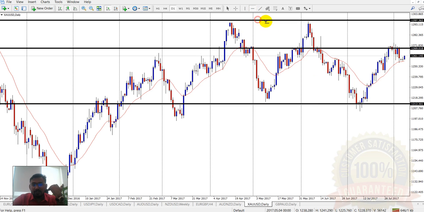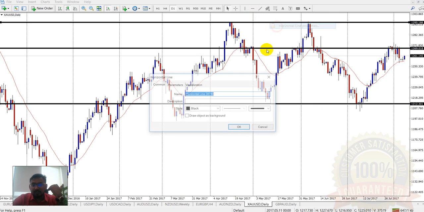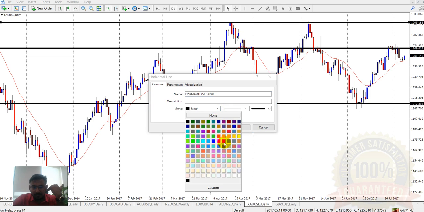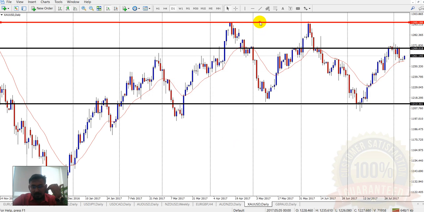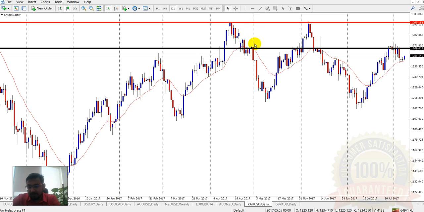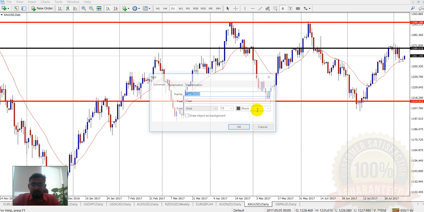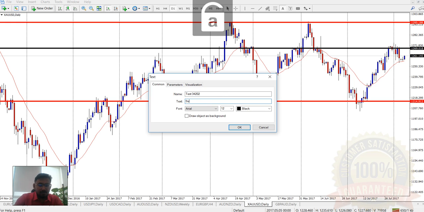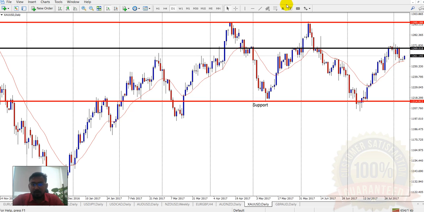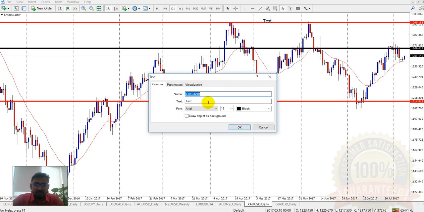So a lot of traders place their resistance at this area and their support at this area. Let me mark that. Support. Okay, this is the support, and they place their resistance at this area. Resistance.